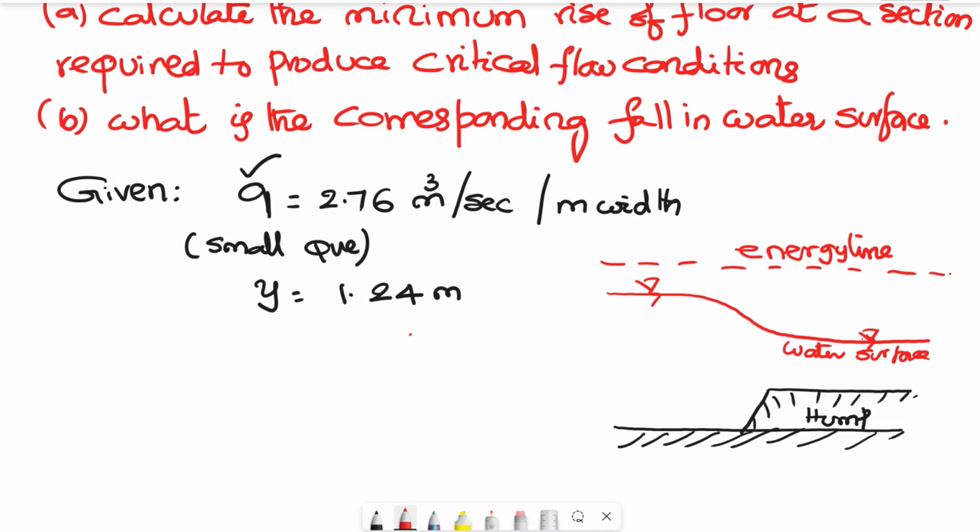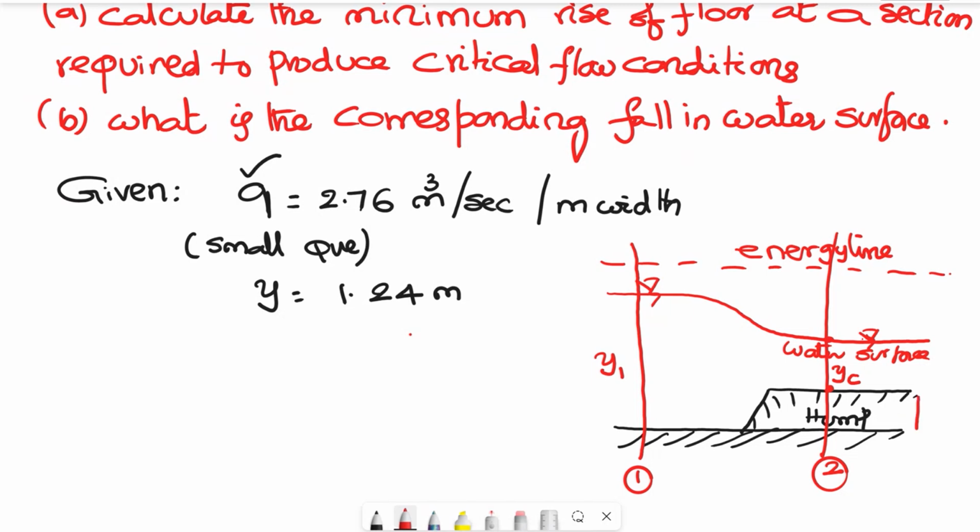Suppose I take a section here, I call it 1. I take another section here, section 2. Here the depth is y1. Here the depth is the critical depth. So this is critical depth.